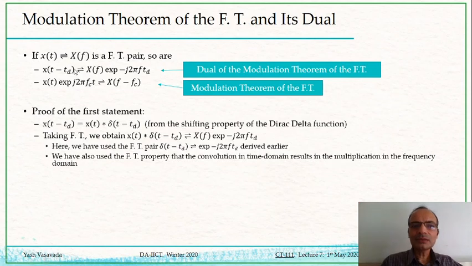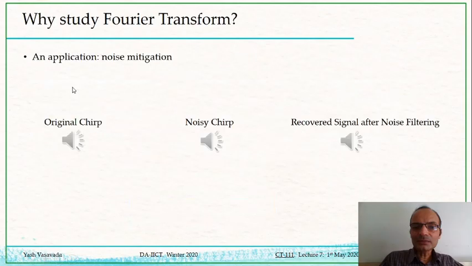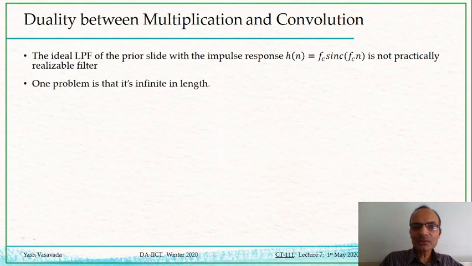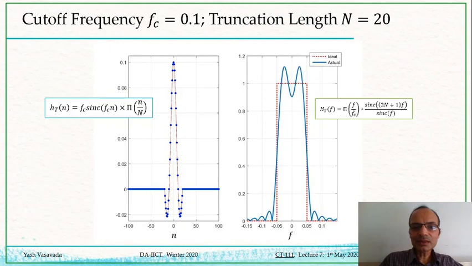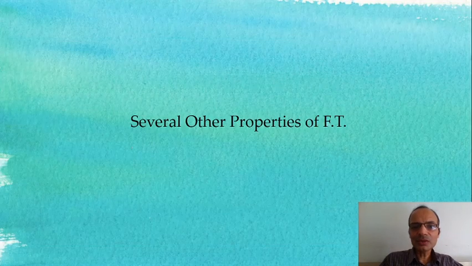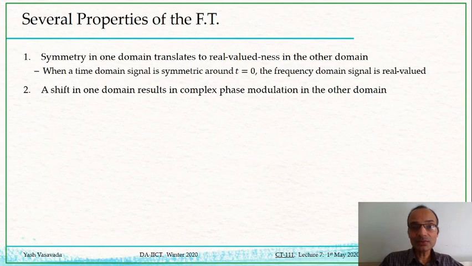A shift in the time domain translates to complex phase modulation in the frequency domain, or a shift in the frequency domain, represented by this expression over here, translates to complex phase modulation in the time domain. This is something that we have already familiarized ourselves with.